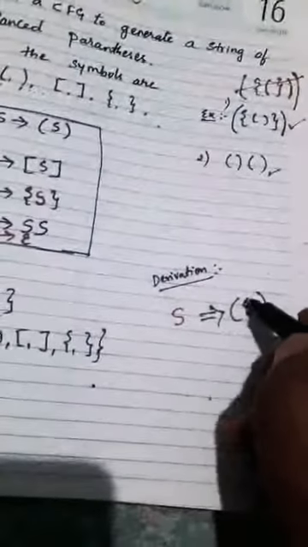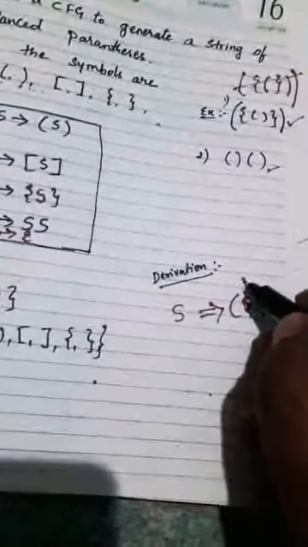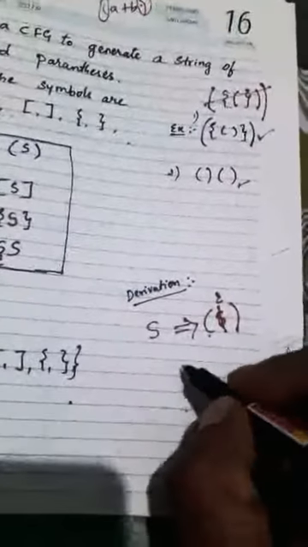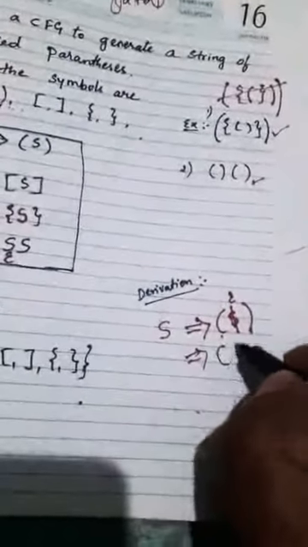Suppose I take the value of S as epsilon, what do you get? You will get the balanced parenthesis like this.